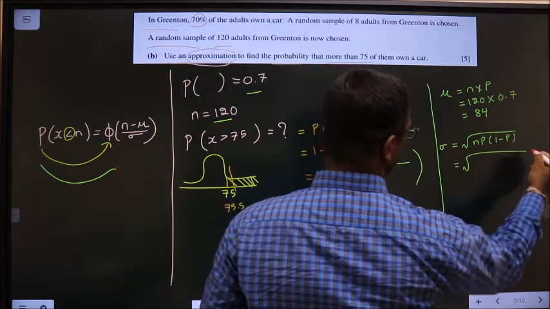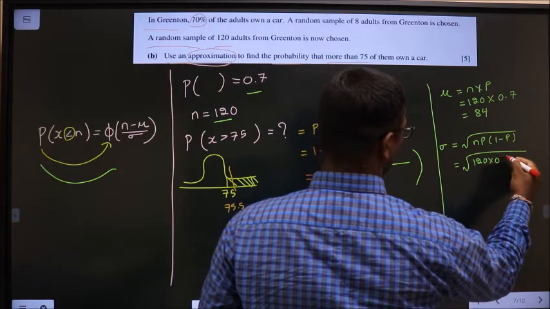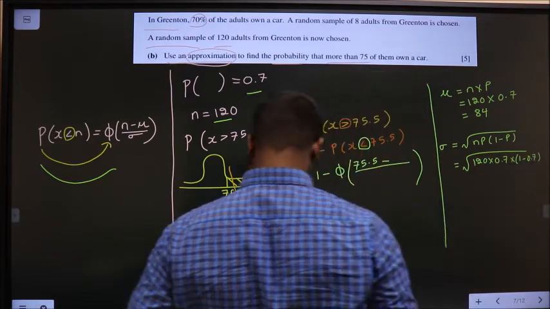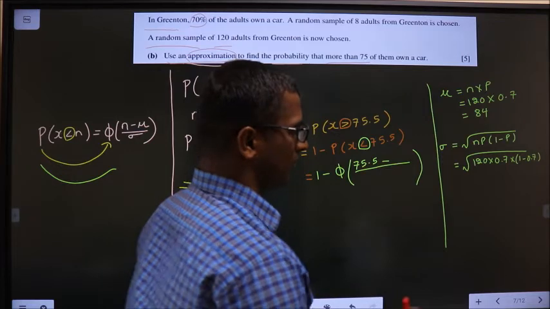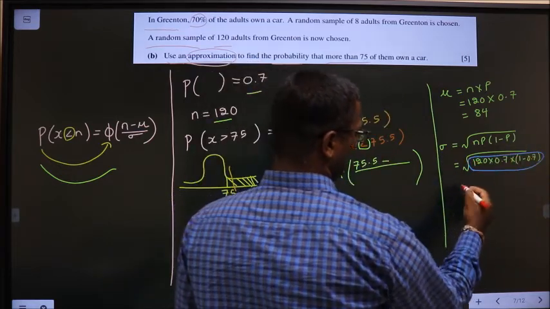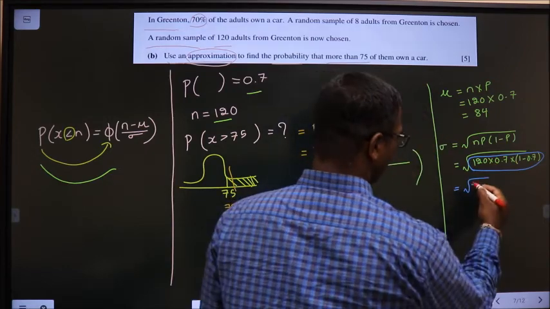So that is equal to the square root of 120 into 0.7 into (1 minus 0.7). Clear? Now put this all at once in the calculator. You get it to be 25.2.